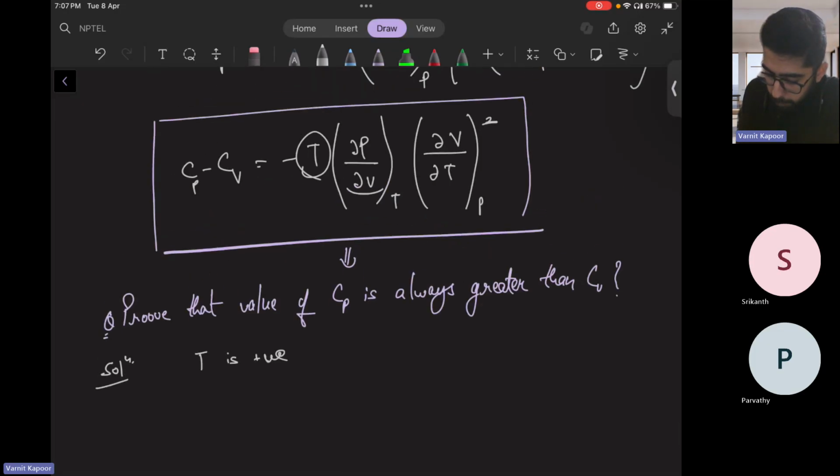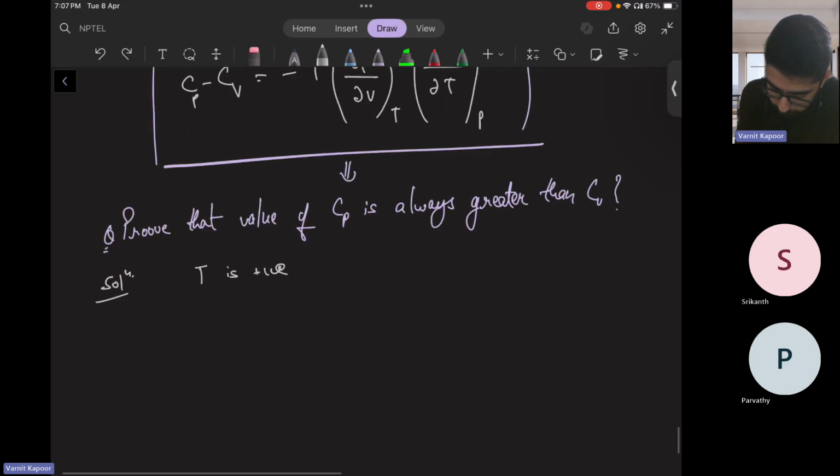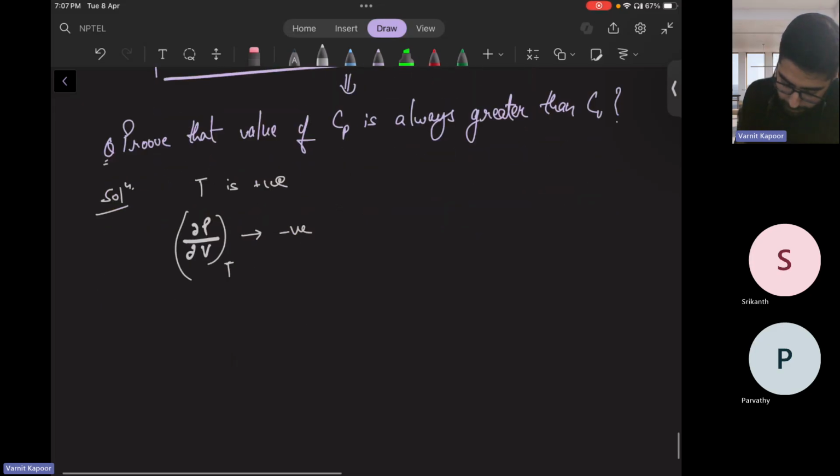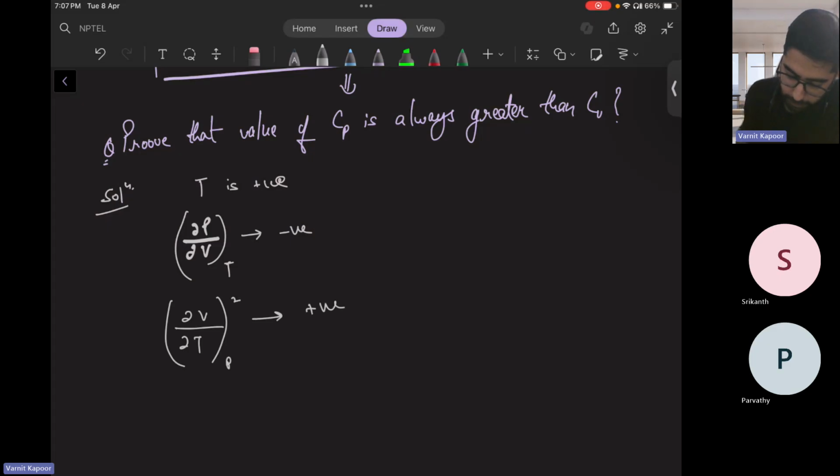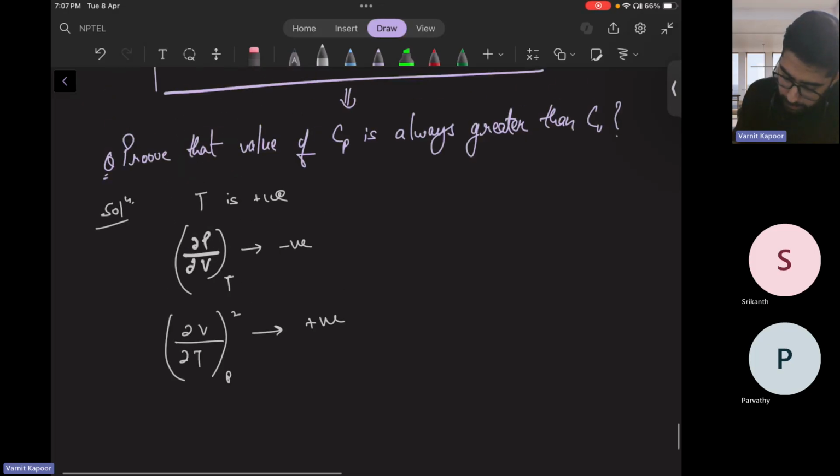If volume is positive, pressure is negative, because pressure and volume are inversely related as per the gas law. Second term, ∂P/∂V at constant temperature, is always negative. And the other term, ∂V/∂T squared at constant pressure, is always positive in the above equation.